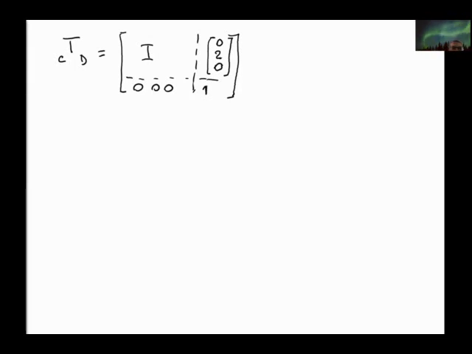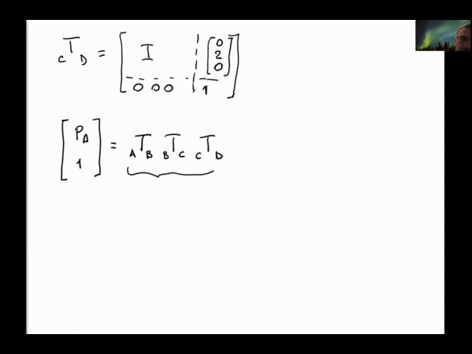Then we pack everything together. We compose all these transformations, the one from frame A to B, from frame B to C, and from frame C to D. And we know that this is the transformation we are looking for that maps, remember the two interpretations, represents frame D with respect to frame A, or maps vectors from frame D to frame A. So it's also a change of coordinates, the same as the rotation matrix.